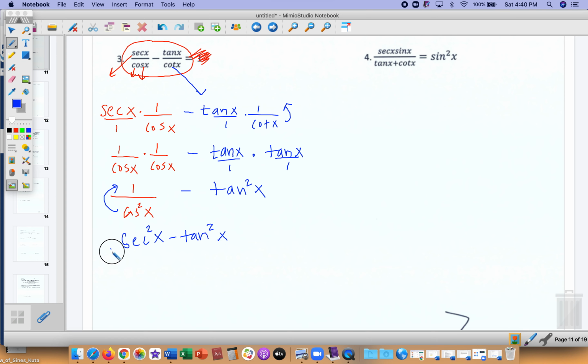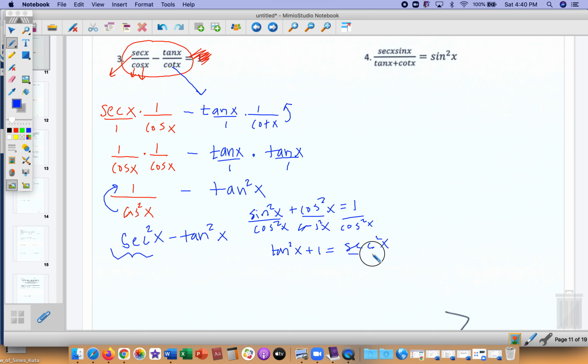We can replace secant squared x with what? Sine squared x plus cos squared x equals 1. If we divide all terms by cos squared x, we'll get tan squared x plus 1 is equal to secant squared x.